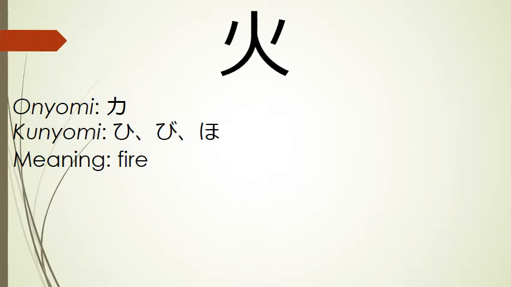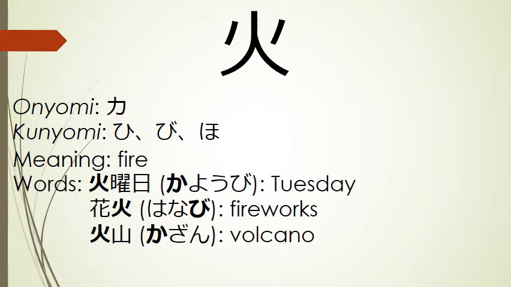Our next kanji is the kanji for fire. Its onyomi is ka, and its kunyomi include hi, bi, and ho. Words that use this kanji include kayobi, Tuesday, hanabi, fireworks, and kazan, volcano.